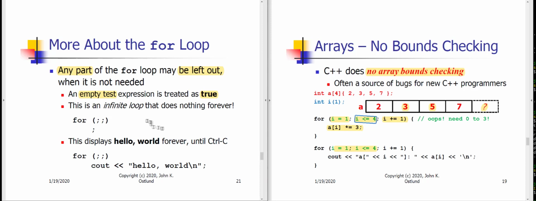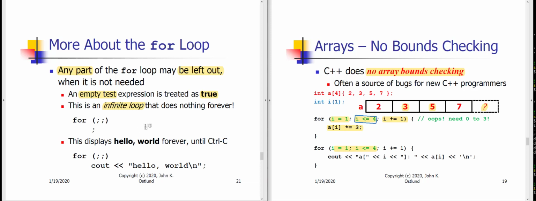And so the accepted way of writing an intentional infinite loop that does nothing forever is to just write a for loop consisting of the word for and then parentheses, 2 semicolons separating an empty initialization from an empty test. The empty test is true, from an empty change. And here we have an empty body. And so this for loop will just run and run forever, doing nothing at all.